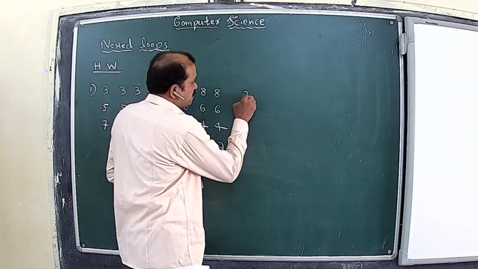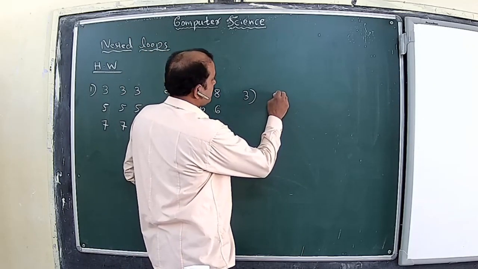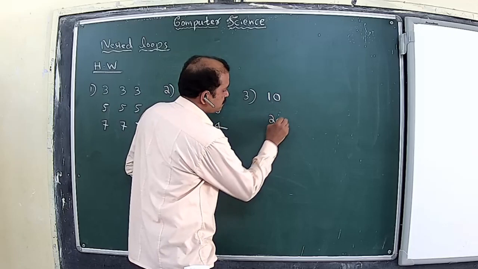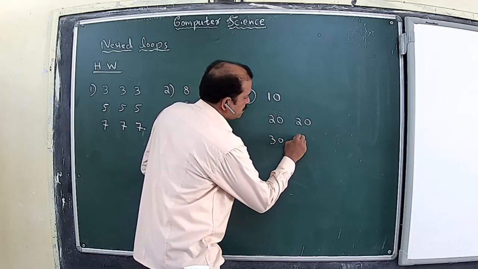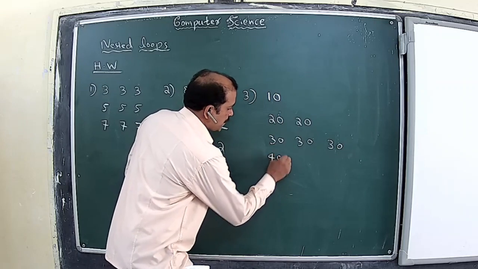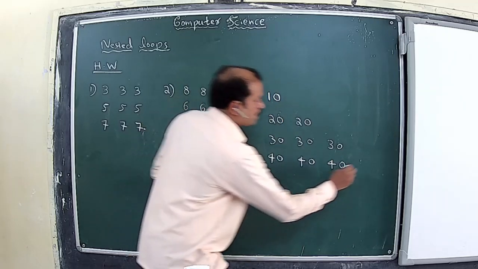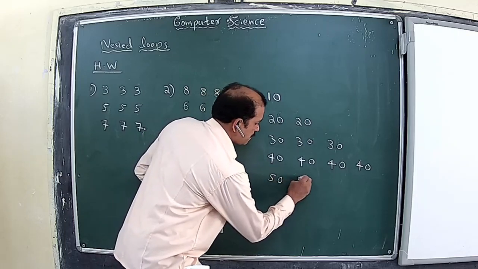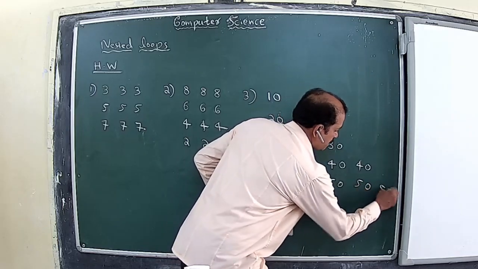And our third homework will be 10, 20, 20, 40, 50.